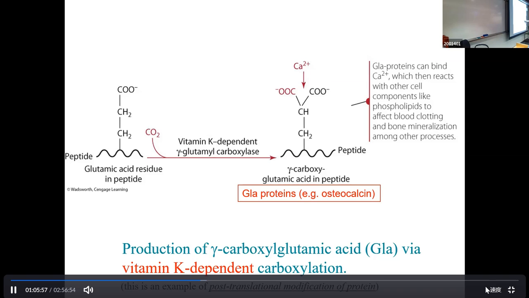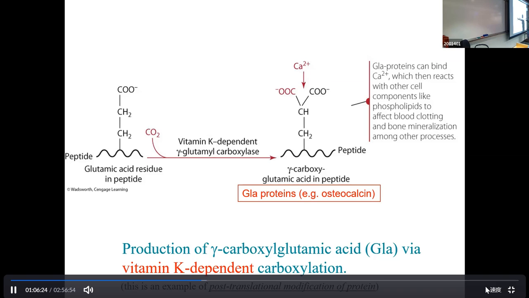For example, a protein called osteocalcin. Now, the calcium comes in, and because of this, it facilitates the binding. And this process, of course, is the addition of a COO, because here the glutamic acid only has 1 COO, now it has 2.